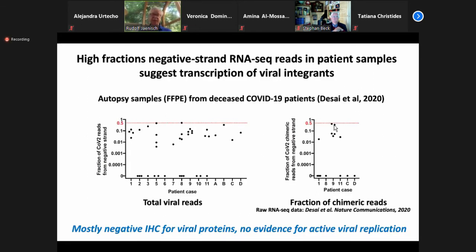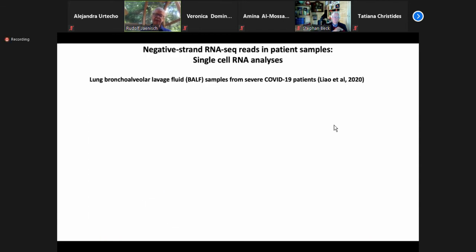That's important. From the clinical data, there was no evidence for viral replication by immunohistochemistry. So this comes from, again, virus-free cells. And they made so much negative viral strand RNA. Another set of data was single cell sequencing.